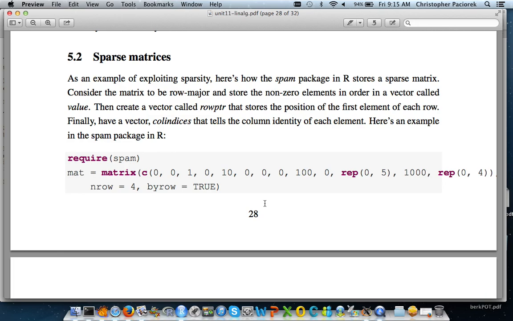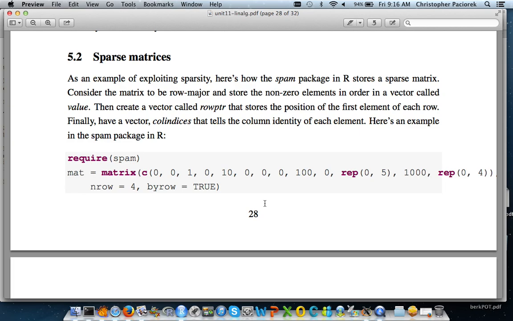So for the third row, in order to find the value, you'd look for the fourth entry in the values vector, but there is nothing there. And so the 4 is again repeated for this row, because the first non-zero element of this row is the fourth entry in the non-zero values. And then so on and so forth, depending on if the matrix continued. So that's the basic idea.